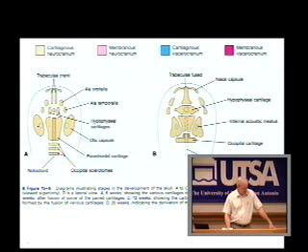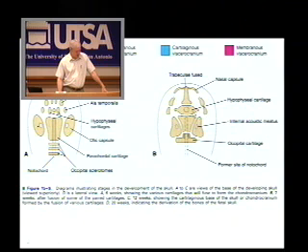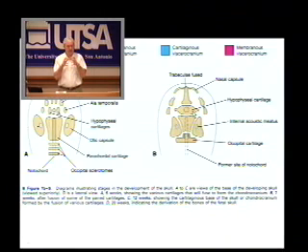A bit later on, in 7 weeks, we see the trabeculae are fused, the nasal capsule is beginning to form here, and all of these structures are beginning to enlarge. The hypophyseal cartilage is becoming more complete. It forms, as we all know, a saddle-shaped structure that surrounds the pituitary gland, the sella turcica.